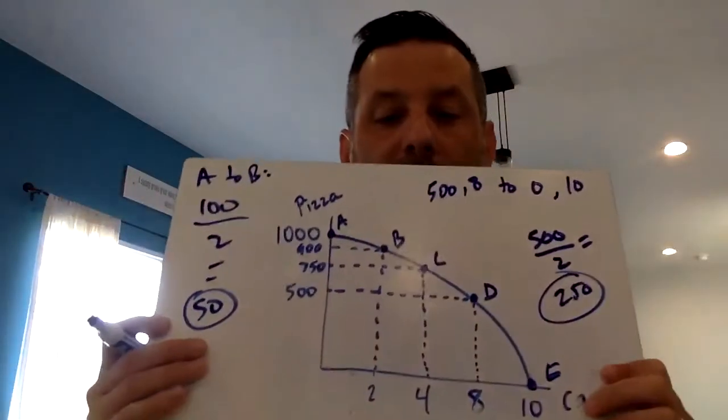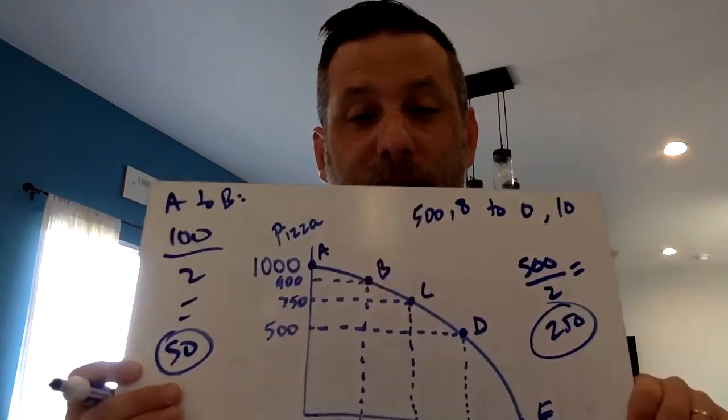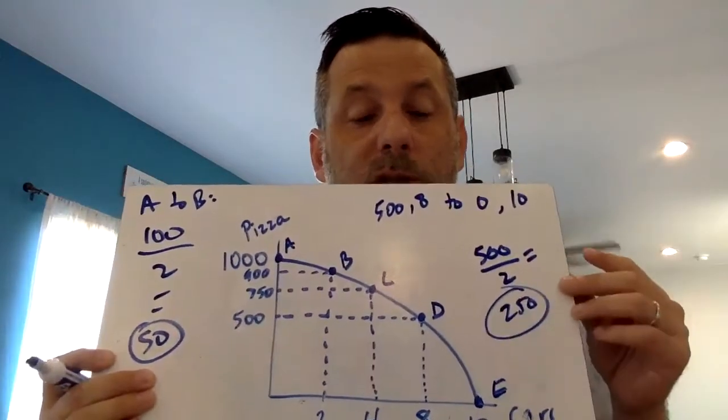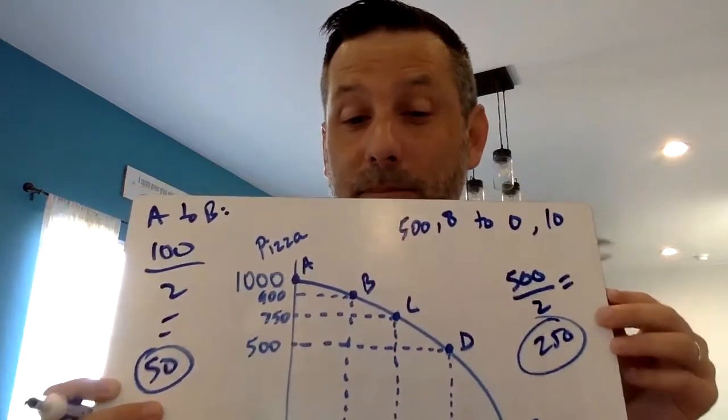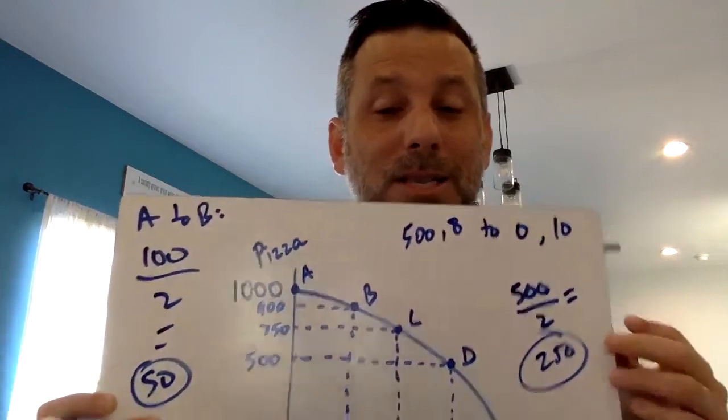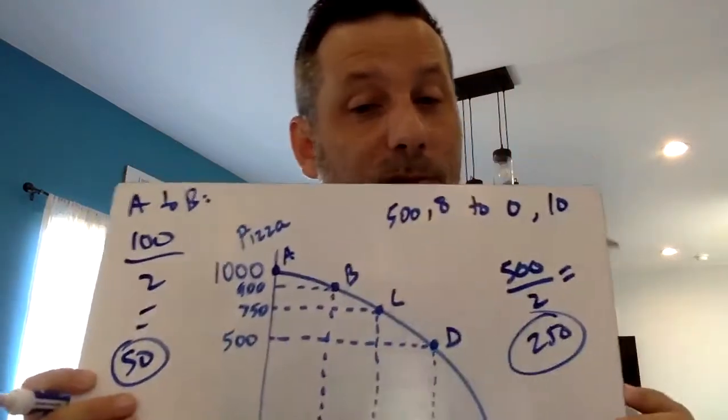That equals 100 divided by 2, which is 50. So my per unit opportunity cost from A to B is 50. My per unit opportunity cost from D to E is 250, 5 times greater. So that tells me that this is an increasing opportunity cost, which makes sense because I have a curved graph here, right?